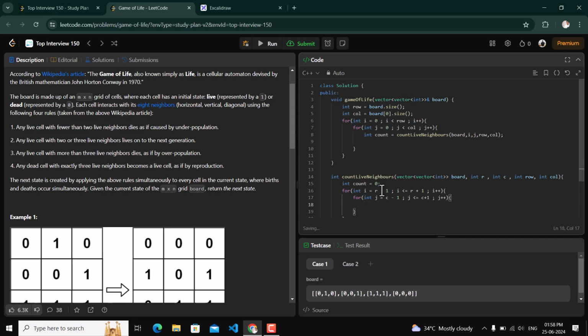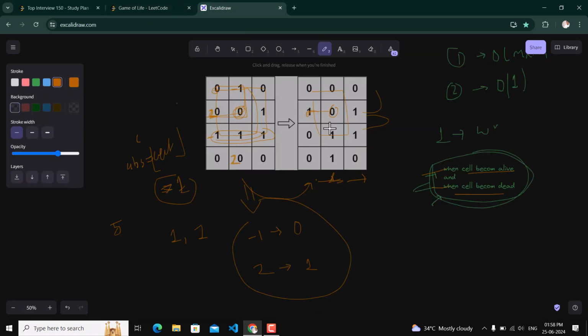Now what we will do, we will check: if we are calculating live neighbors around the cell, we don't have to consider the cell itself.